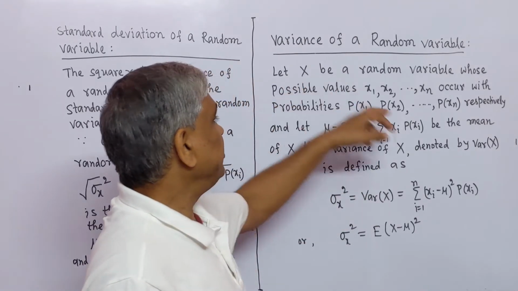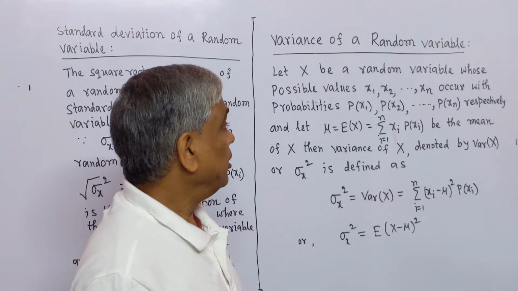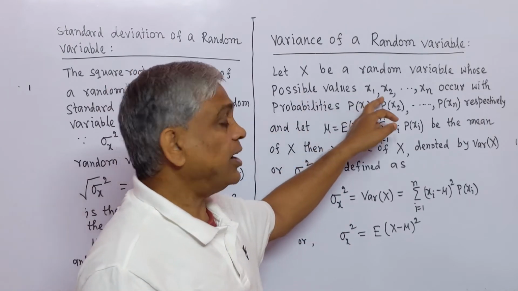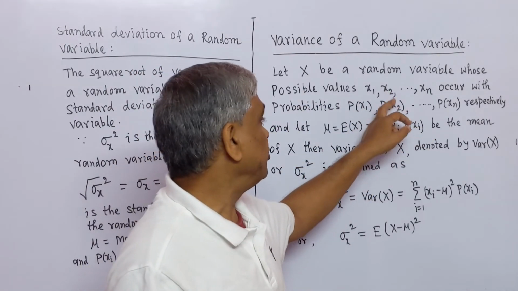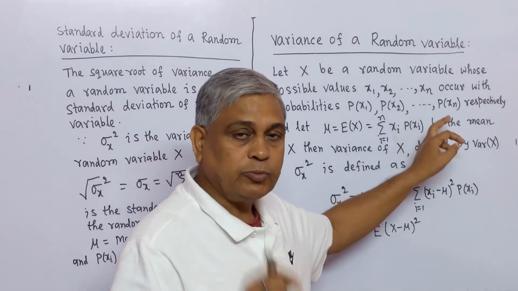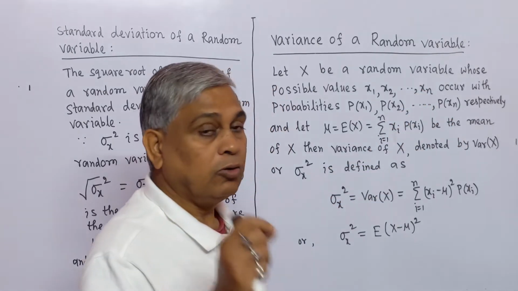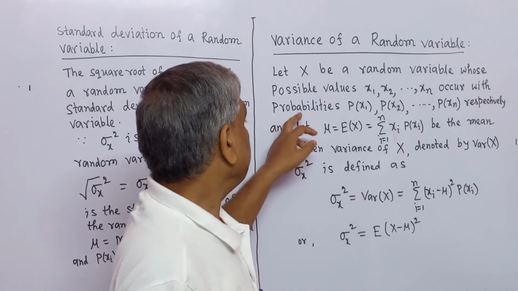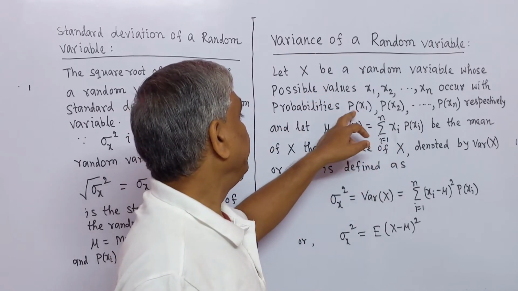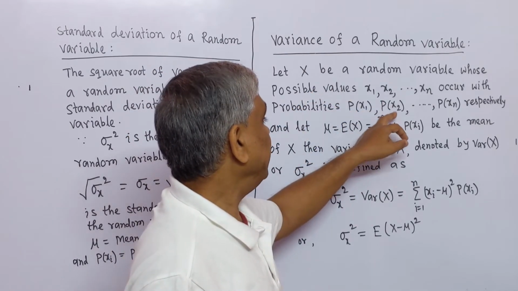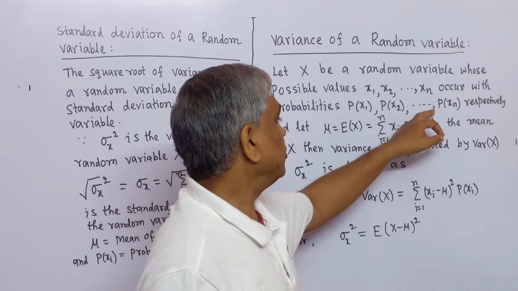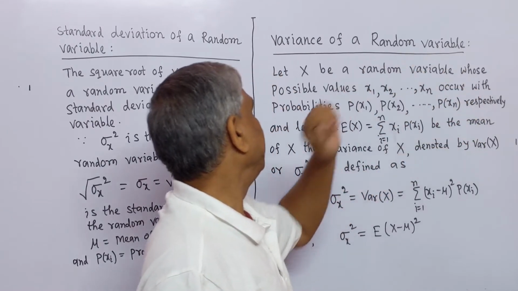Let capital X be a random variable whose possible values are small x1, small x2, ..., small xn, which occur with probabilities px1, px2, ..., pxn respectively.